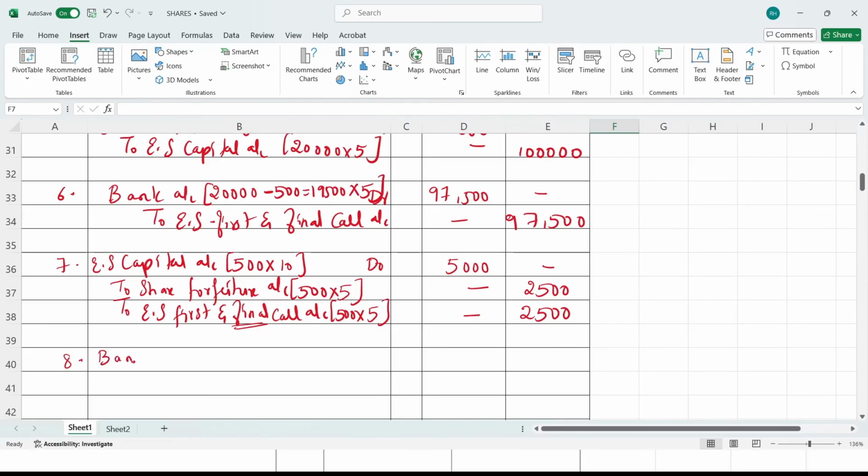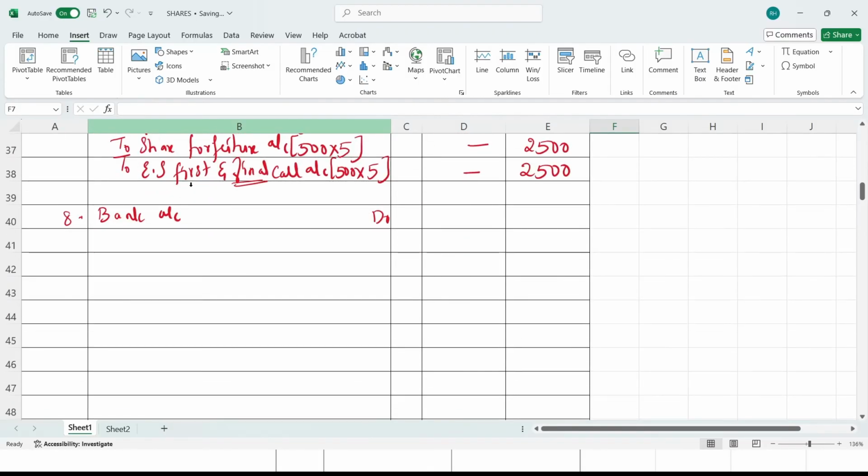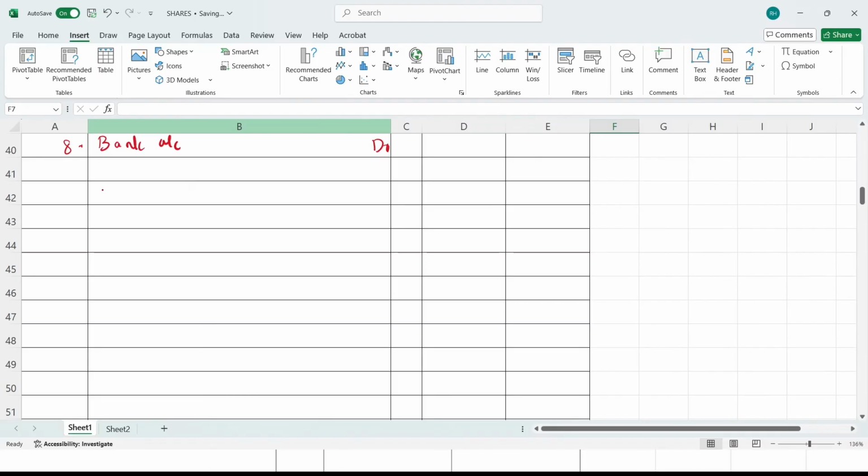So we are receiving the money, the bank account balance will increase. An increase in an asset should be debited. Bank account debited. Share forfeiture account debited to share capital account, equity share capital account.